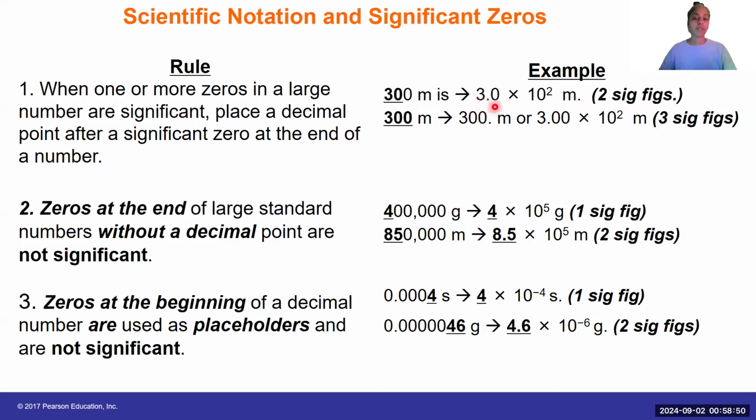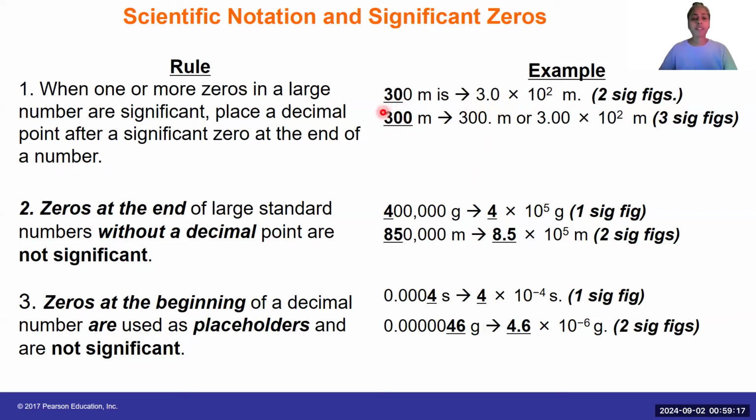And that would be 3.0 times 10 to the 2 meters. How do we know that it's times 10 to the 2? If the imaginary decimal place is here at the very right of this number, if I move it over to the left 2 spaces, 1, 2, that would give me 3.0 times 10 to the 2. This 0 on the end tells me that I have 2 significant figures.